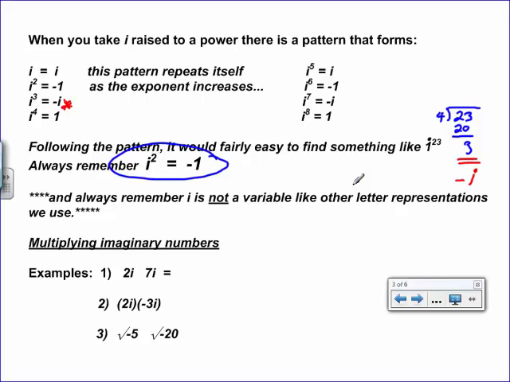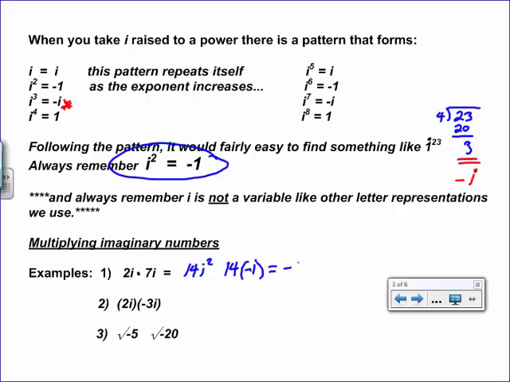Now let's look at some operations that involve imaginaries. If we multiply 7i and 2i, just multiply the numbers first. So you'd have 14i squared. And as we said above, i squared is equal to -1.